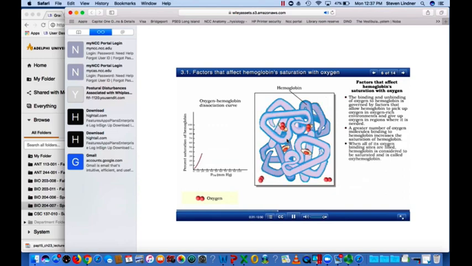When all of its oxygen-binding sites are filled, hemoglobin is considered to be saturated and is called oxyhemoglobin. Factors that affect the ability of hemoglobin to bind to or release oxygen include partial pressure of oxygen, pH, partial pressure of carbon dioxide, temperature, a chemical called bisphosphoglycerate, or BPG, and hemoglobin type.